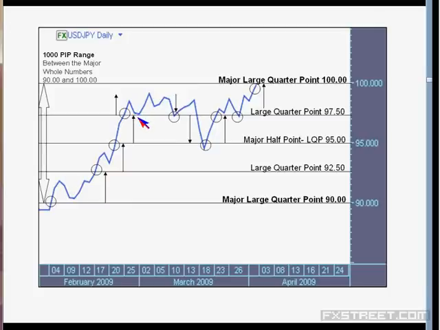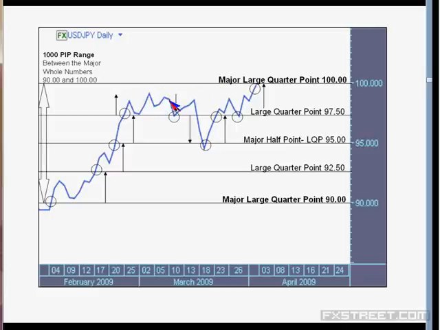What was that? The preceding large quarter point at 97.50. Prices find support around 97.50 large quarter point, and then make another attempt to target the 100 yen major large quarter point.